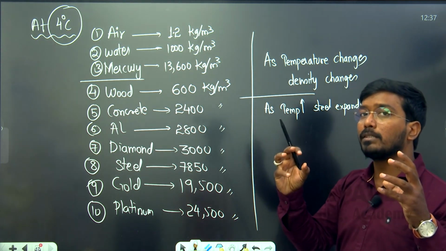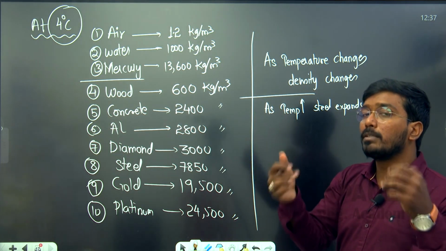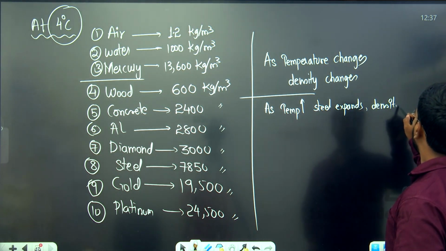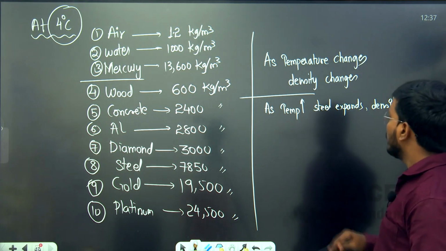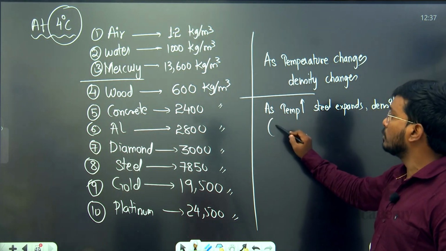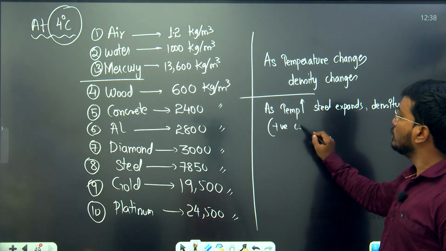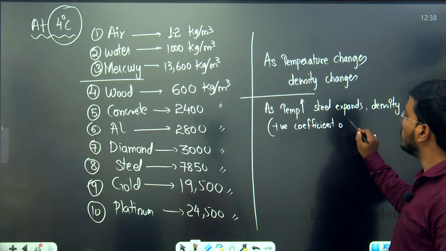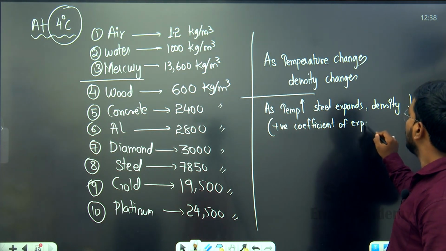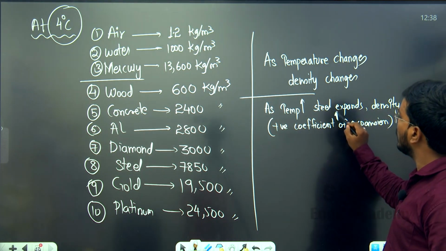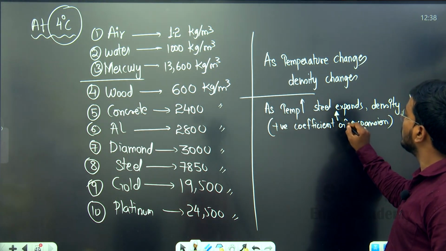When the molecular gap increases, it becomes a rarer medium, that is, density decreases. So the material which expands, having a positive coefficient of expansion, which you will learn in strength of materials, its density decreases.